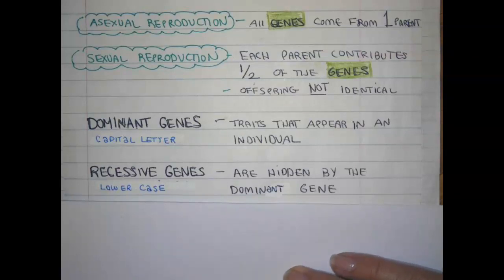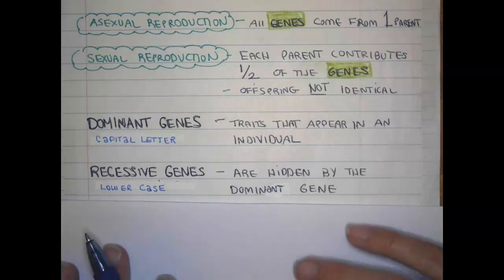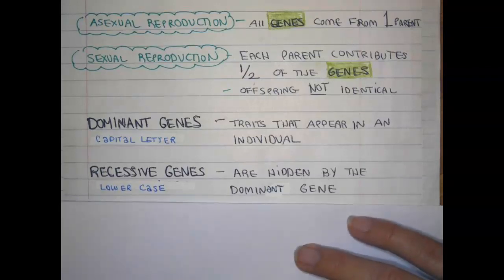Things that cannot be inherited: you're not going to inherit your food preference. You're not going to inherit your manners. Those are things that you learn, but you inherit through genes things like freckles and eye color.